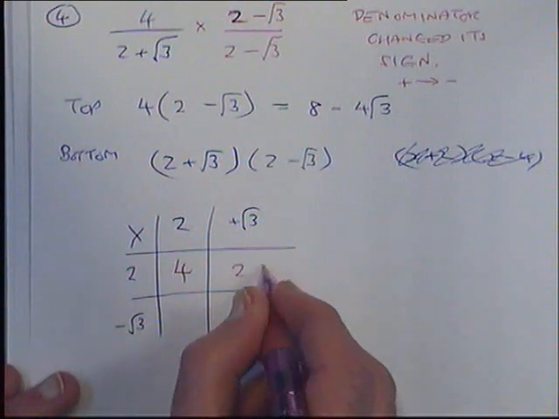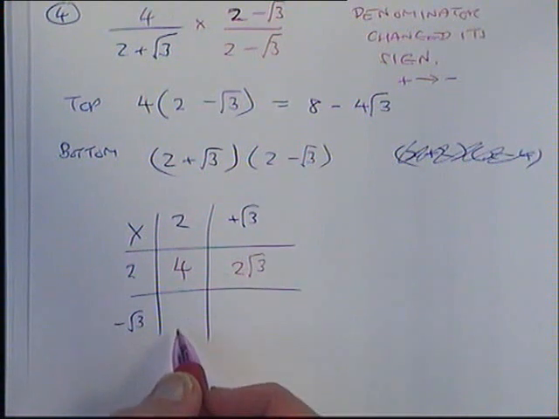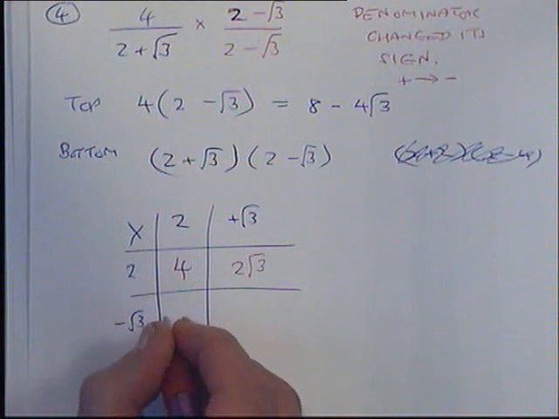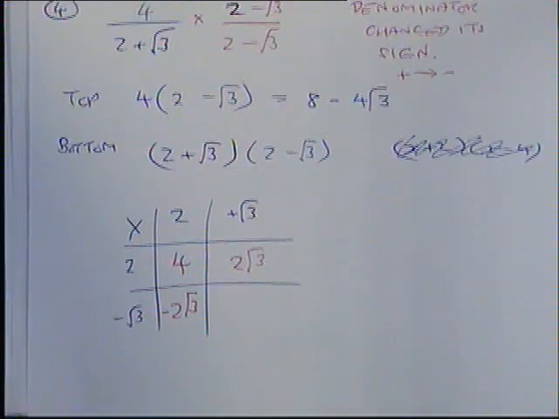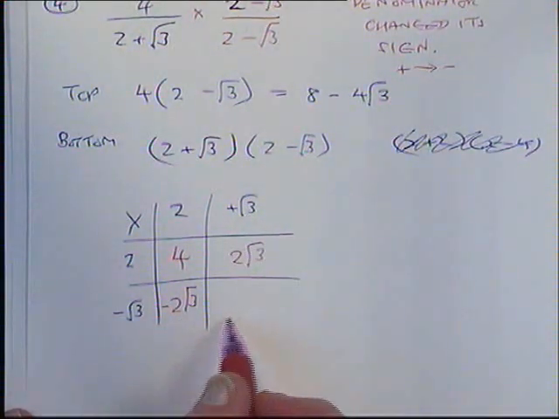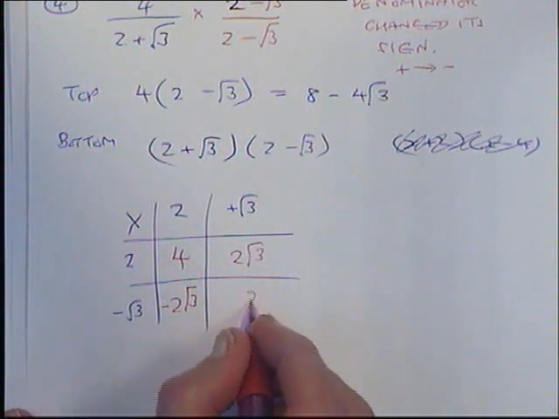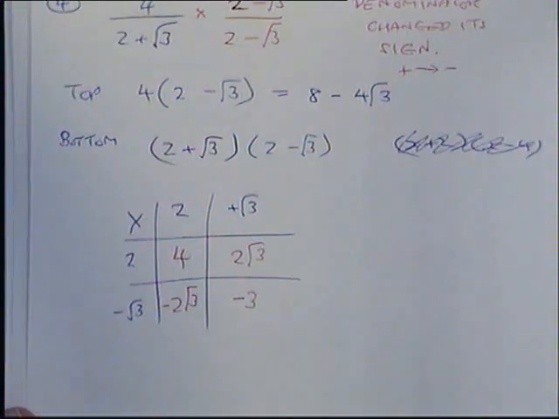Well, that's 2 lots of root 3. Down here, I'm doing 2 times by negative root 3. That's negative 2 lots of root 3. Over here, I'm doing positive root 3 times negative root 3. Well, root 3 times root 3 is 3, and a positive times a negative is a negative. So I get this.